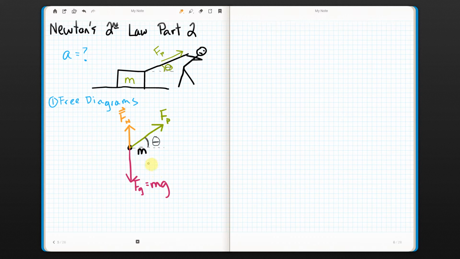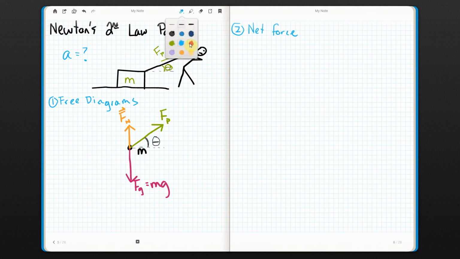Okay, so second step, net force. Now, this time, I have more than one dimension, so I actually have to do net force for each dimension separately.